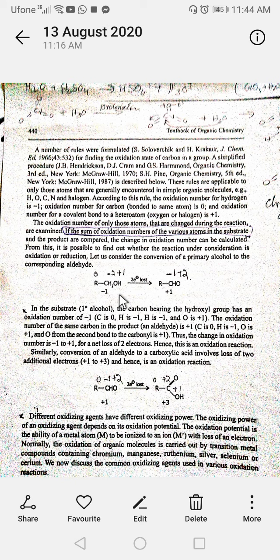So C-O is present, O has +1 and hydrogen has -1, two hydrogens have -2. Now the sum of these is -1.